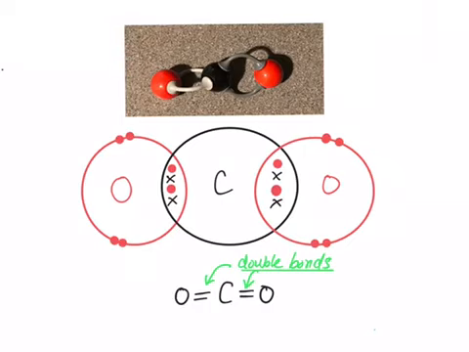If we look at the carbon bonded to the right-hand oxygen, there is 1 pair of electrons there and another pair of electrons there. So there are 2 pairs, so it's a double bond. And the double bond is represented by what looks like an equal sign. It's actually just 2 single bonds, one on top of the other.